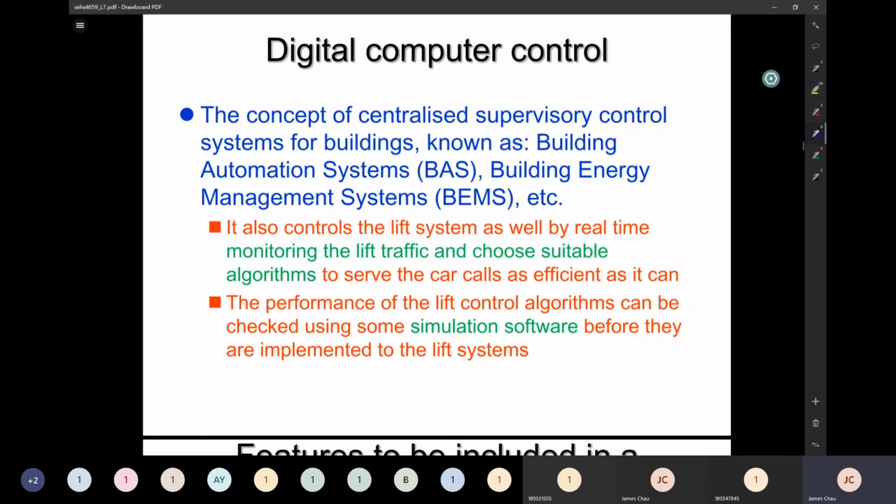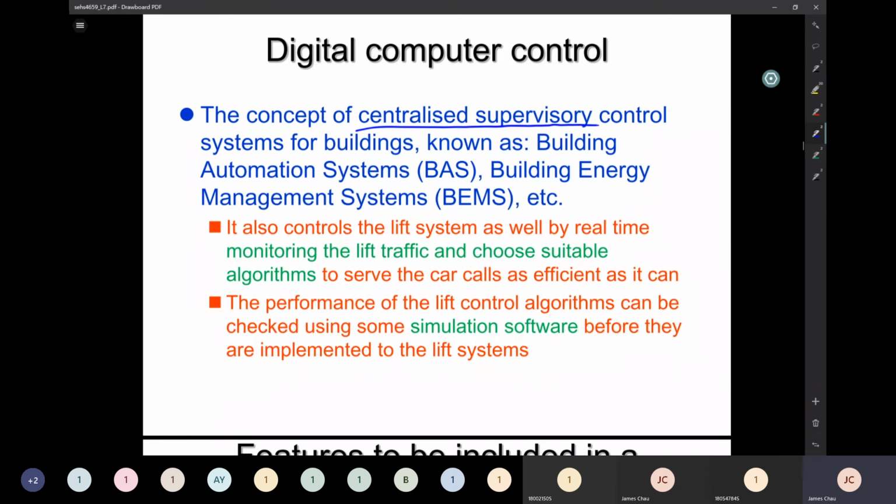Here we have a centralized supervisory control system for the building, and it is responsible for controlling the building automation system, the building energy system, as well as the lift control system. Because for lift control, you can see that we rely on an algorithm to control the lift, and we can rely on the computer to help us switch different algorithms to serve different lift traffic.